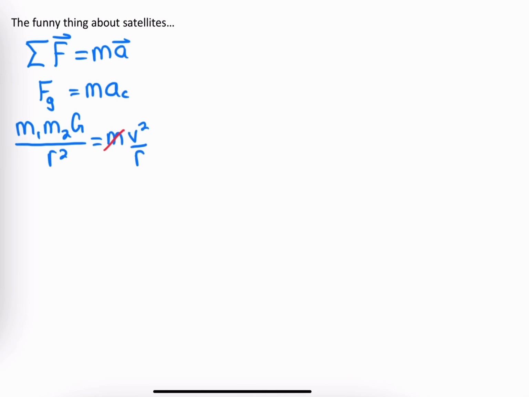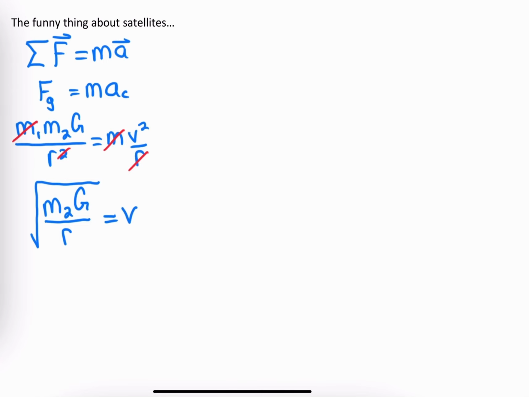Again, the mass of the object in orbit cancels out, and I can multiply both sides by r to simplify that. This leads me to find that the speed of an object in orbit is the square root of m2 big G over r, and that is equal to v.